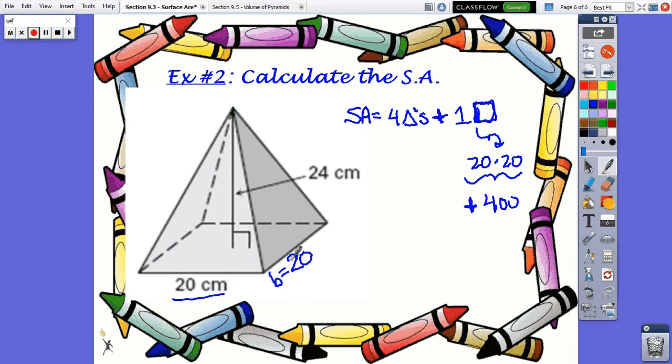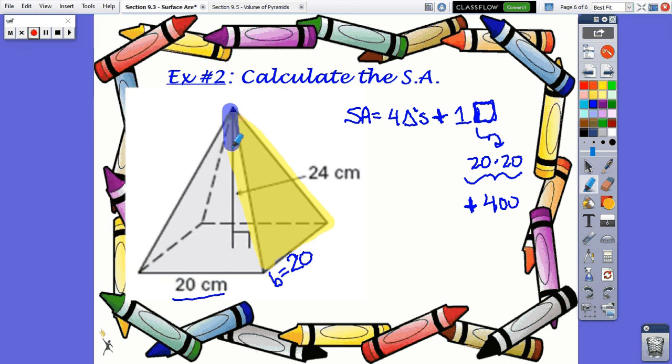And you only really need to look at one triangle, and I always like to look at usually this right side of the pyramid triangle. The base is 20 down here, and the height's 24, right? Except that 24 is not the actual height that we need for the triangle. The 24 is pointing to the inside of the pyramid, and it's pointing to, well, let me grab a different color here.